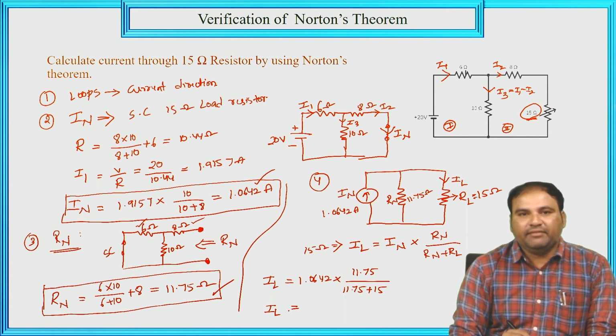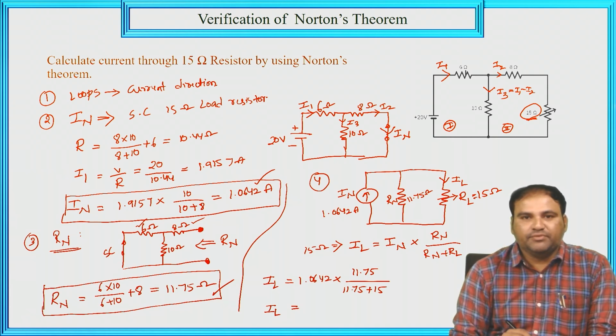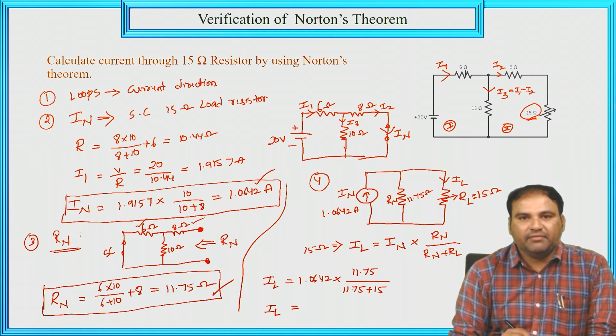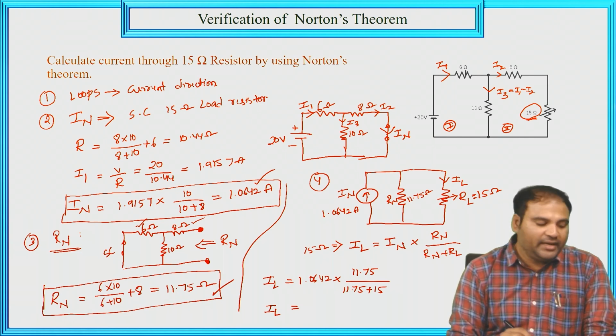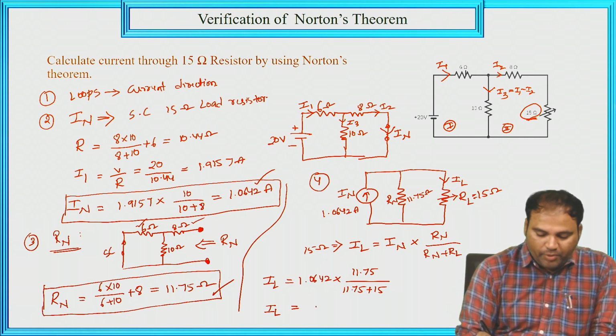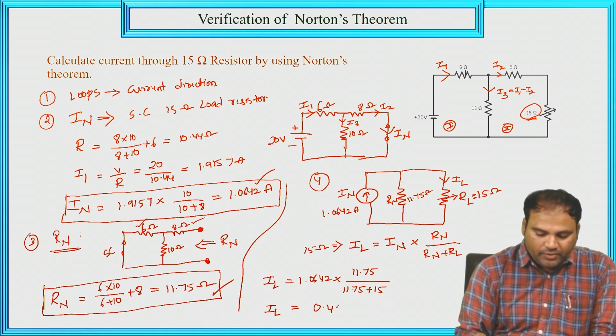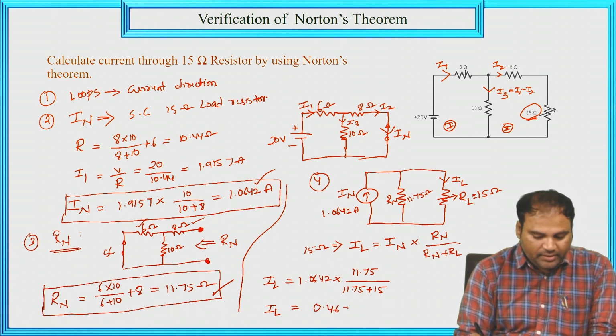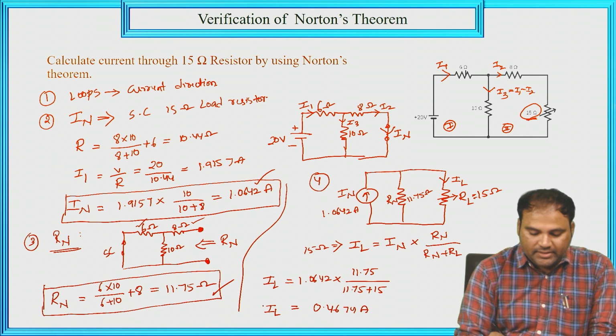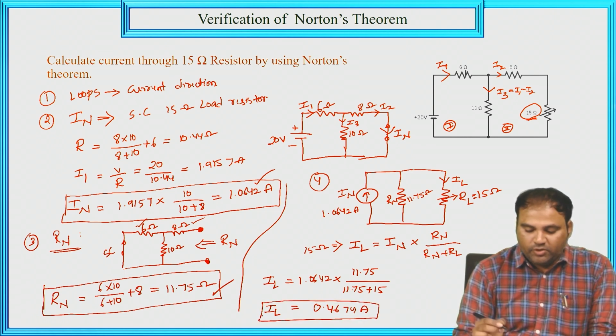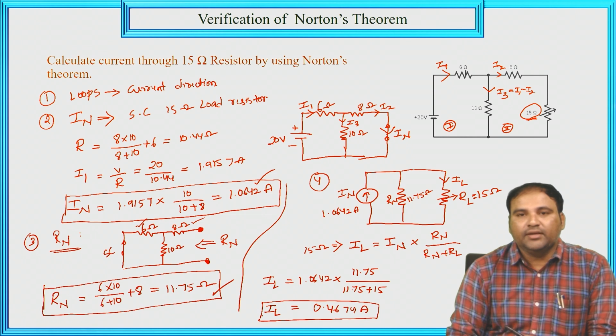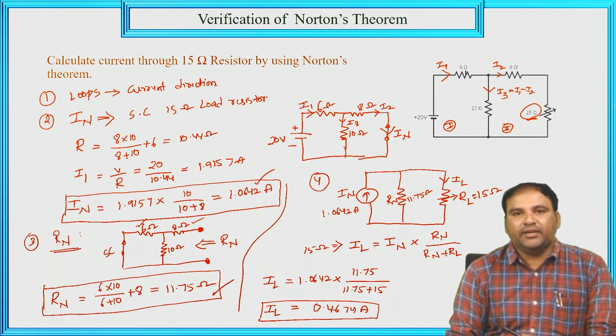By solving 1.0642 into 11.75 divided by 11.75 plus 15, we will get the load current IL, that is 0.4674 amperes. Load current means the current through the load resistor, 15 ohm.